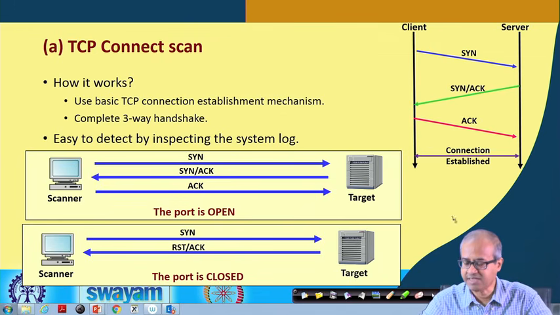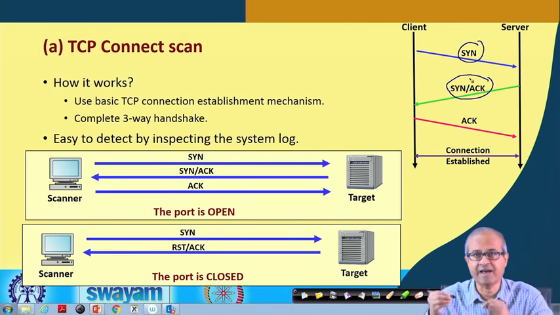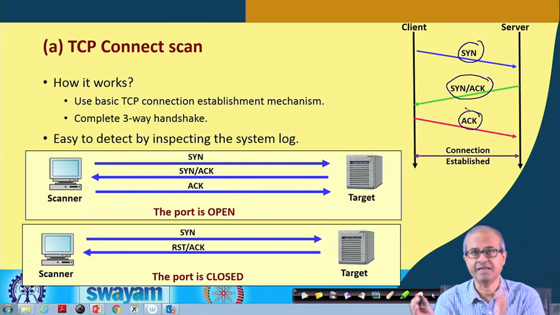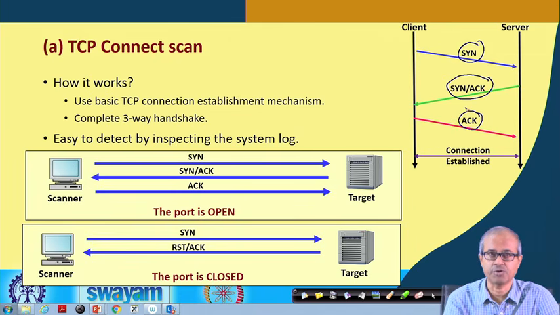The first packet goes with the SYN flag set, we call it a SYN packet. A packet comes back from the server with both SYN and ACK flags set, we call it a SYN ACK packet, and finally the client sends back an ACK packet with the ACK flag set, and then we say that the connection has been established. So, this is a 3-way handshake protocol.